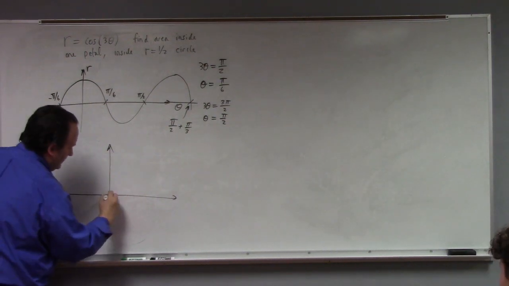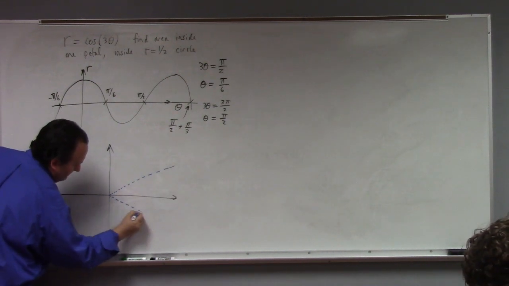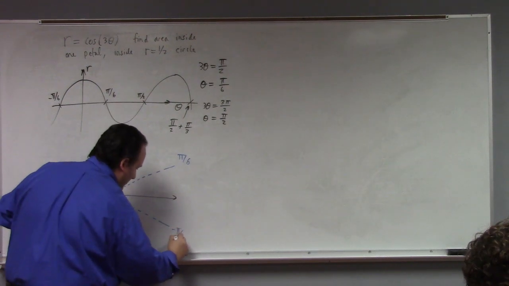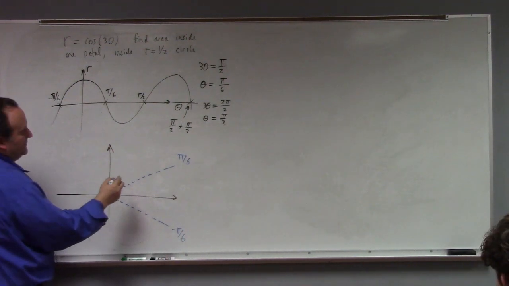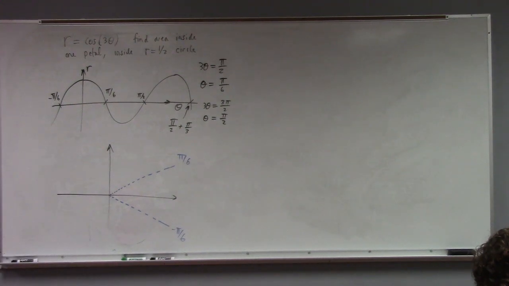So we've got, here's my pi over 6, here's my minus pi over 6. There's another one of these deals happening at pi over 2, I think. Feels wrong. Huh.